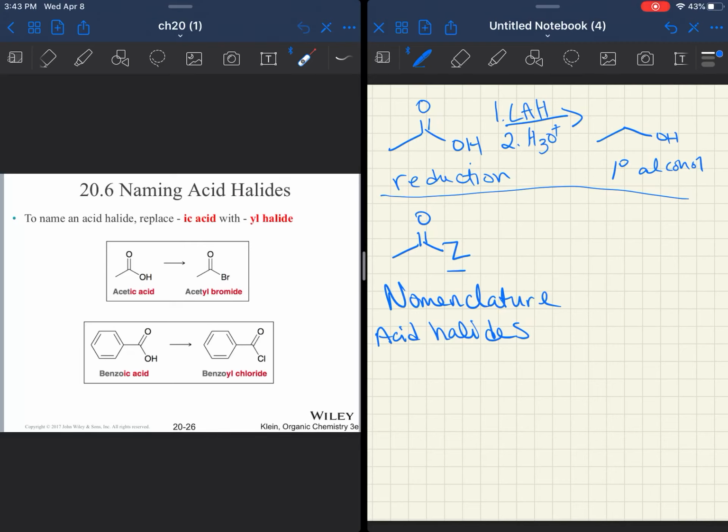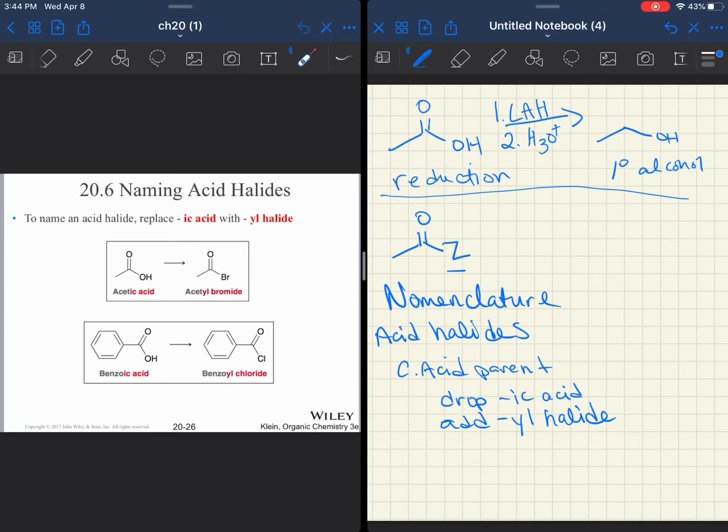You're going to take the carboxylic acid name and modify it from there for the next few functional groups. So for acid halides, you think about the carboxylic acid parent and you drop ic acid and you add yl halide.